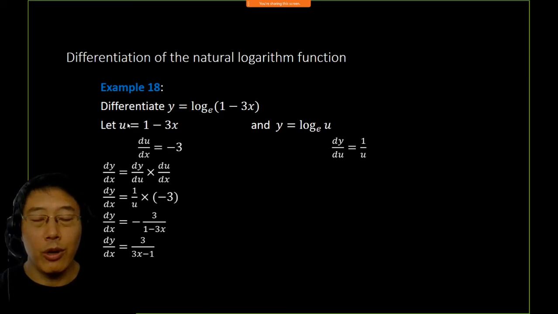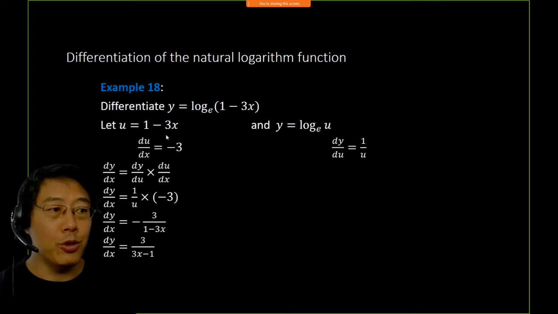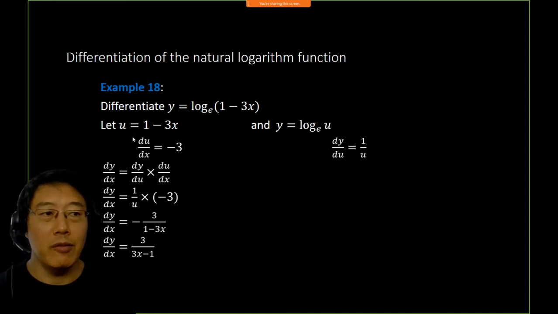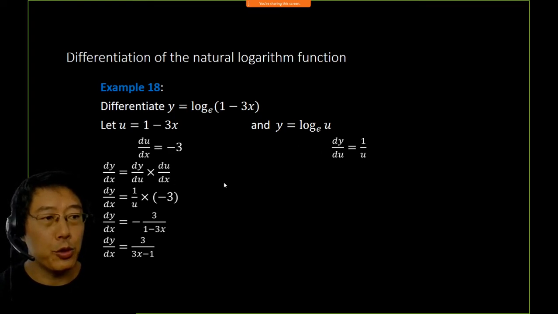Here we're going to use the Leibniz notation, so it's u, and y is going to be log base e of u now. We can differentiate u in terms of x, that's negative 3, and y in terms of u, that's 1 over u, from the previous slide. We do the product of the two, that gives you negative 3 over u.